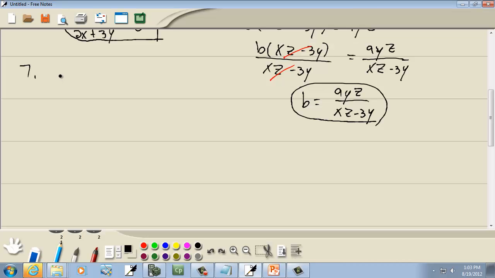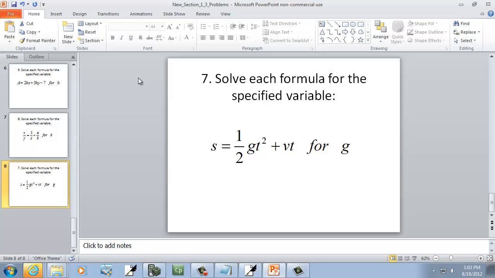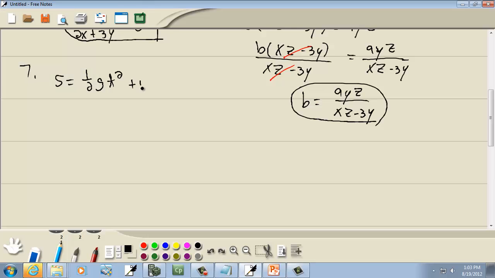You got s is equal to 1/2 gt squared plus vt, solving it for g. Well, first step, get rid of parentheses. Don't have any. Second step, get rid of fractions. We do have a fraction. Multiply everything by the LCM of all your denominators.